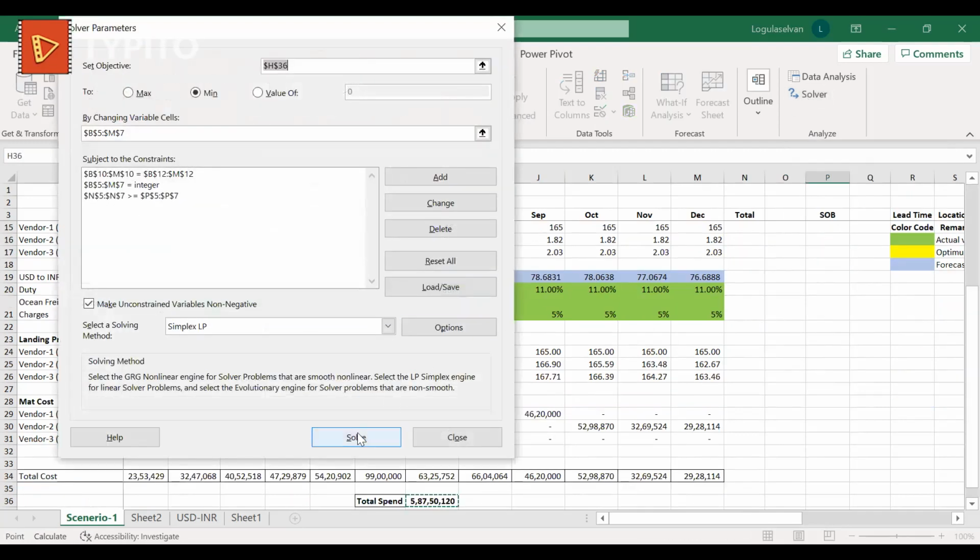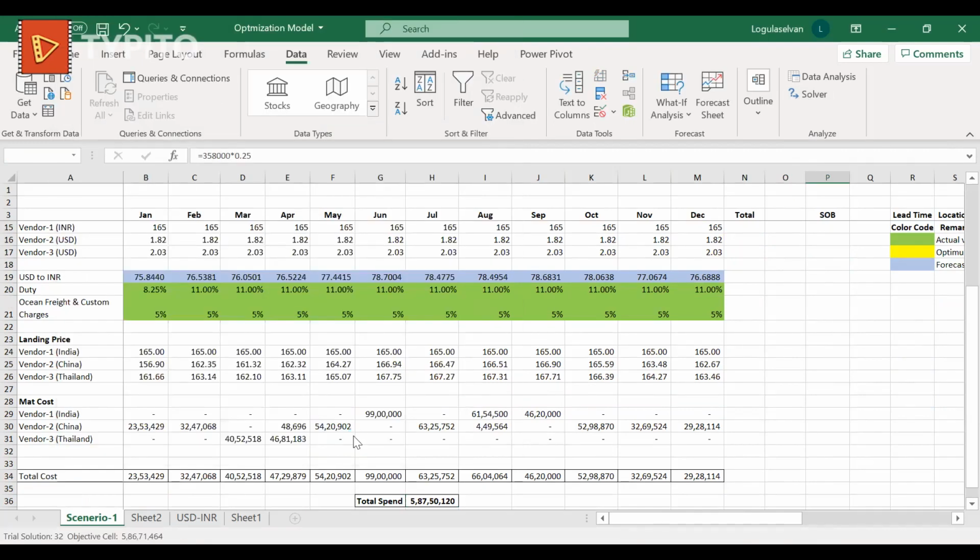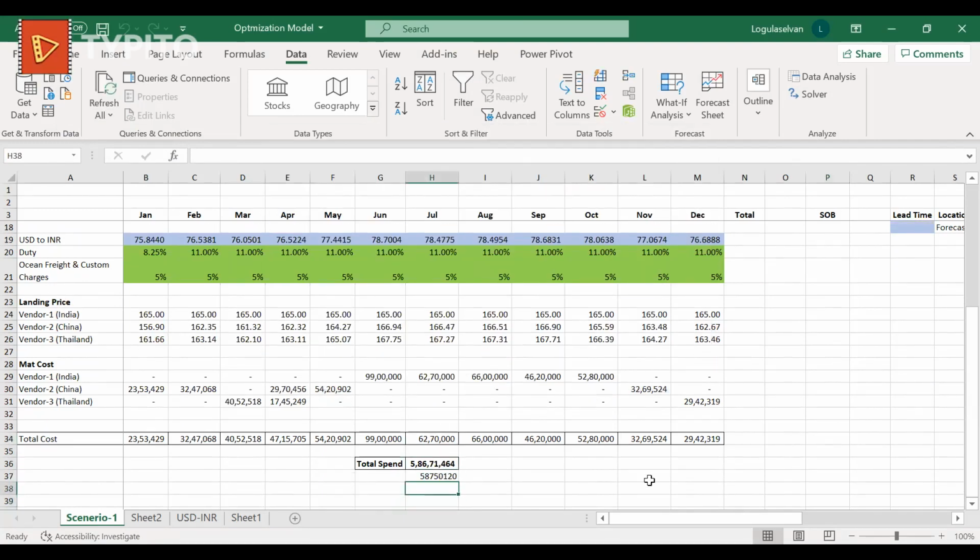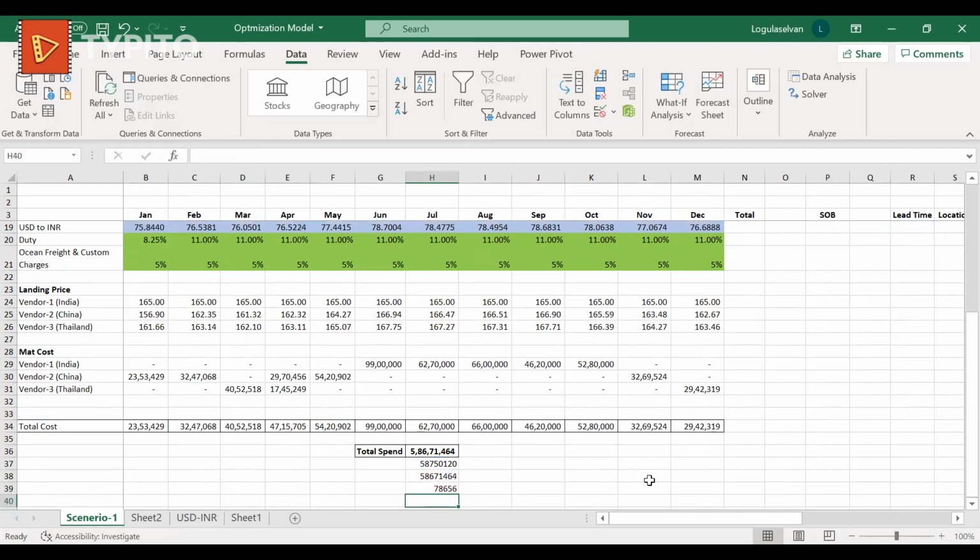I'm clicking solve after changing the business to 25% and calculating it, and it's going to be 586,71464. So obviously the company is benefiting around 78,000 rupees. By reducing the share of business to 25% for the China vendor, this dropped down by 78,000.